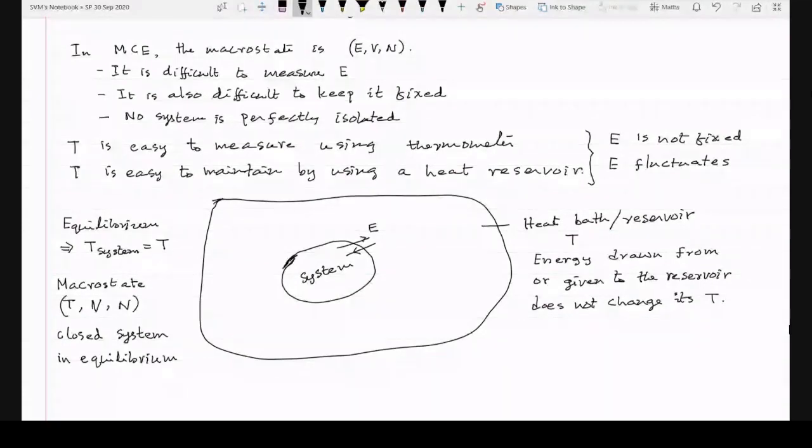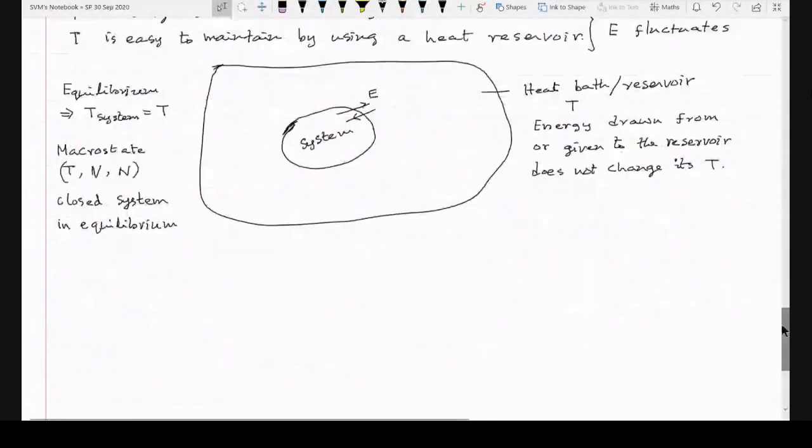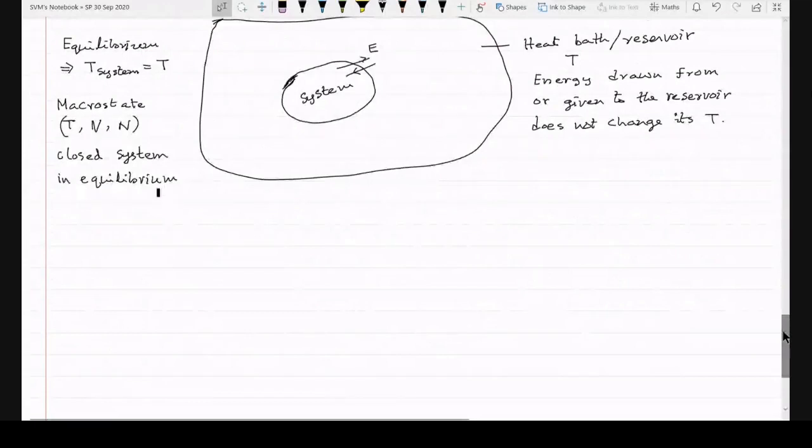So now you can see that if you are looking at different microstates of the system, they all can have different energies.